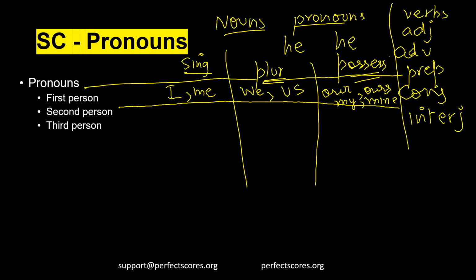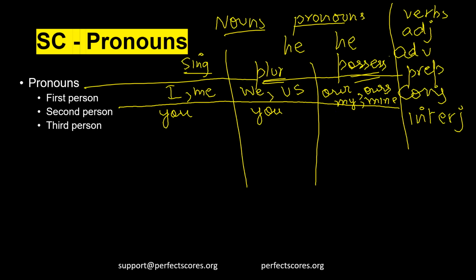Then comes the second person, the person you're talking to. Usually you use pronouns like you. You are doing something, or something is being done to you. Whether that person is singular or plural, it's the same pronoun that is used for both.